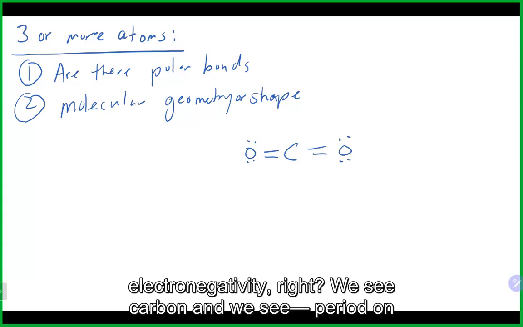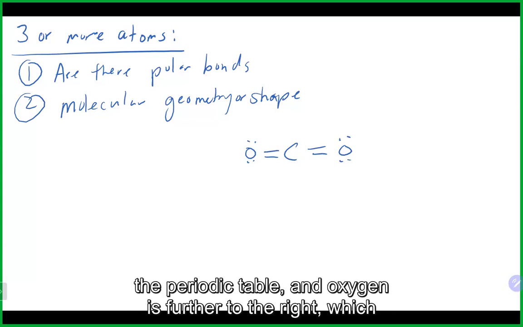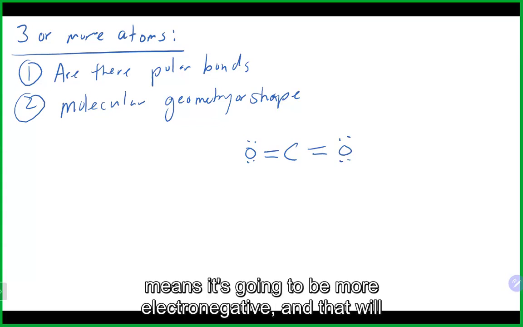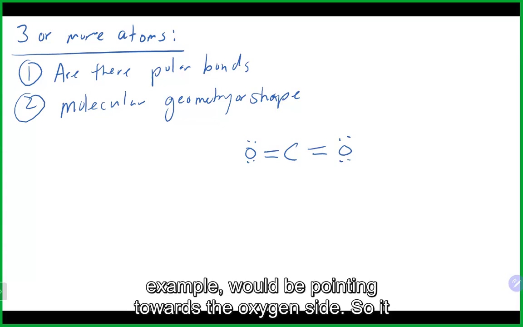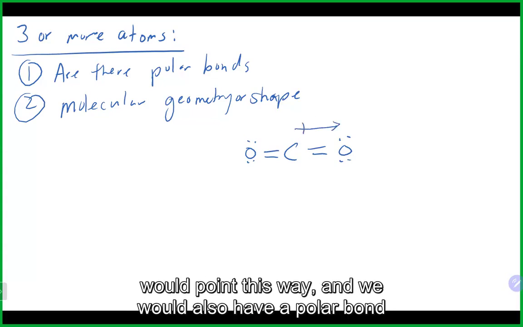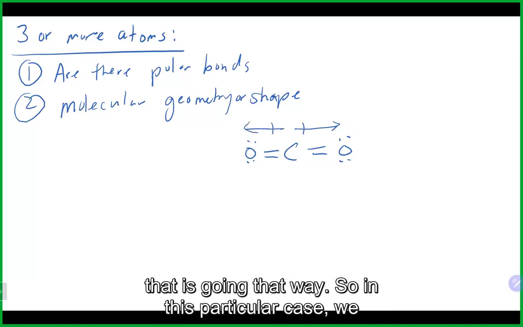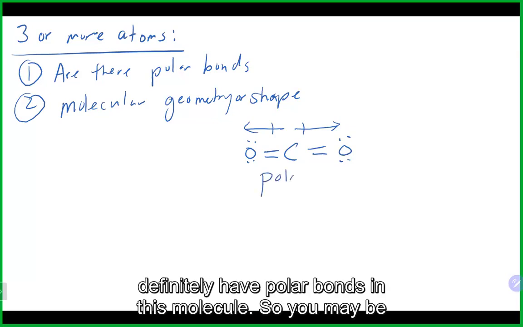We see carbon and oxygen in the same period on the periodic table, and oxygen is further to the right, which means it's going to be more electronegative, and that will create a polar bond between those two, where the arrow, for example, would be pointing towards the oxygen side. So it would point this way, and we would also have a polar bond that is going that way. So in this particular case, we definitely have polar bonds in this molecule.